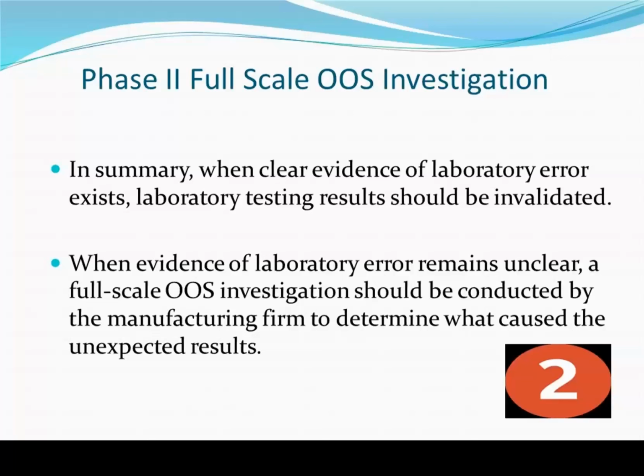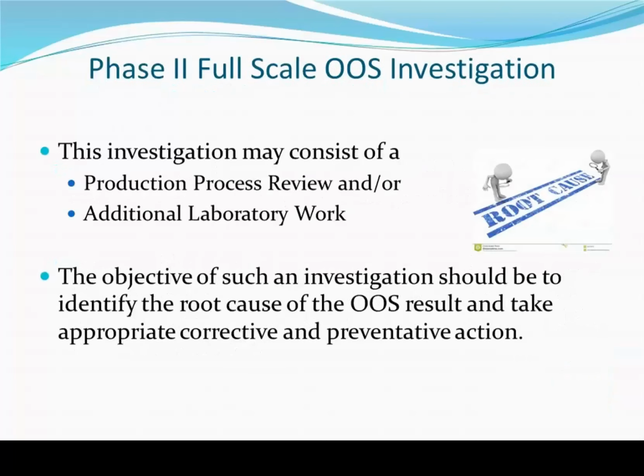When the evidence of the laboratory error remains unclear, then we move to phase 2, and we get our manufacturing colleagues involved. This part of the investigation may consist of additional laboratory work, additional testing, and a thorough review of the process.